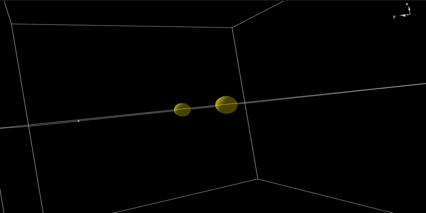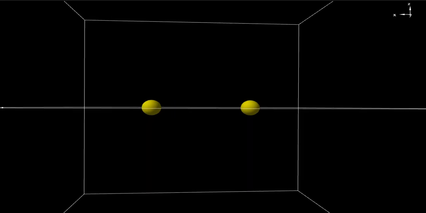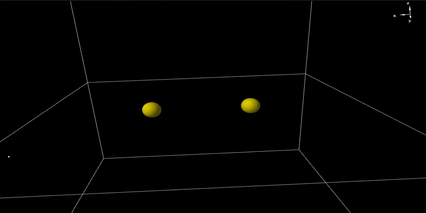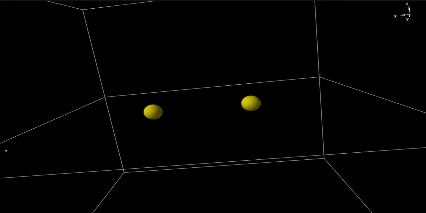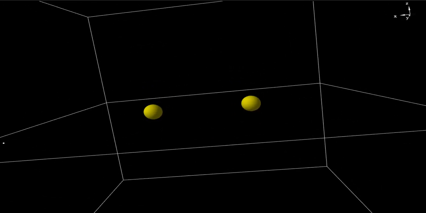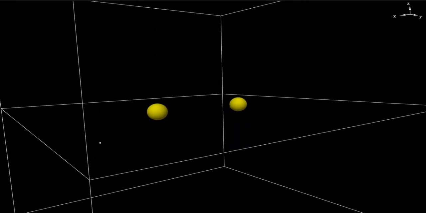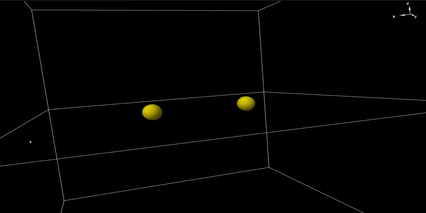This plane is actually not the equatorial plane. It is actually the plane that contains the two charges. So I can call it the charge plane, but this is not the equatorial plane. The equatorial plane is actually perpendicular to this structure itself.